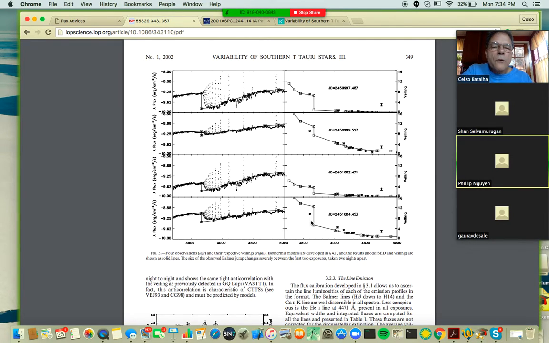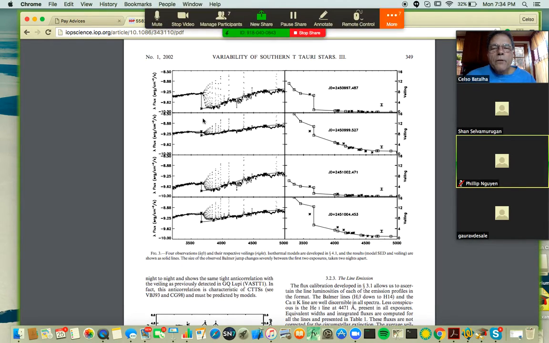What's interesting with respect to this star is this region right here. This is called the Balmer jump. You have the continuum that goes all the way to the point of the Balmer continuum transition, and then you have a jump to even smaller wavelength.